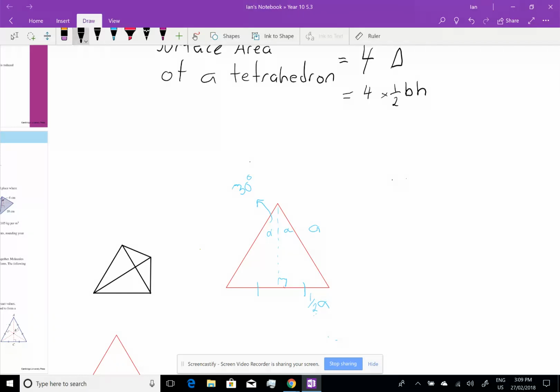Righto. So this height here, with Pythagoras, h squared equals a squared minus a half a, all squared. A squared minus, well, half times a half is a quarter a squared.